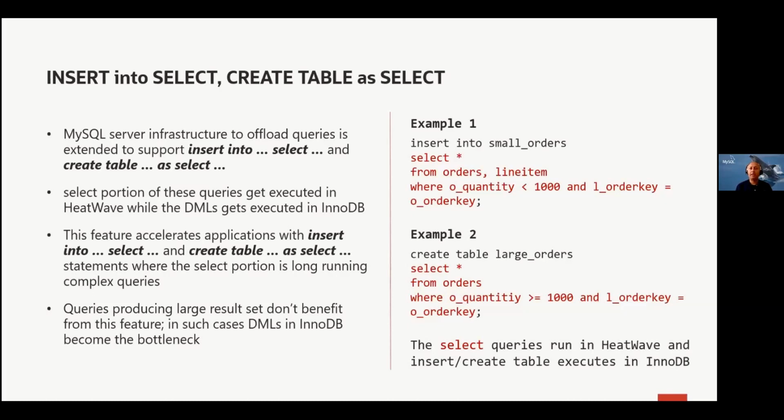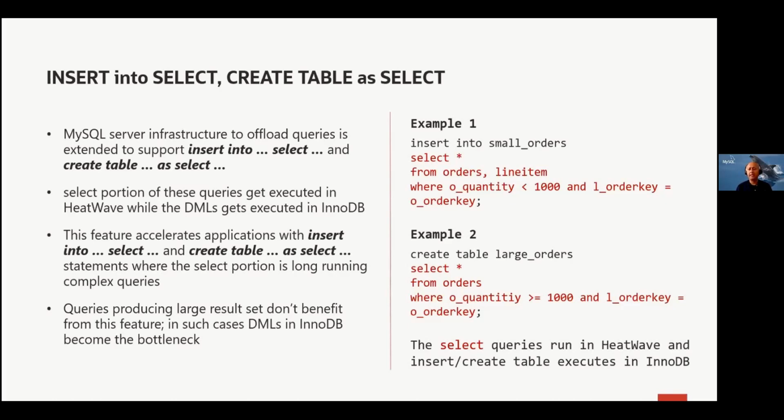So what we are now able to do is that when such a construct comes in to the MySQL optimizer, the select portion of the query is sent to HeatWave and processed, and the DML or the DDL, so the insertion into small orders or creation of the table, is done by the MySQL database. This works extremely efficiently because if the select portion of the statement is the more expensive one, customers will see a dramatic improvement in performance, right?